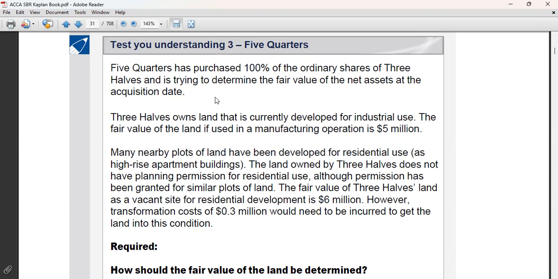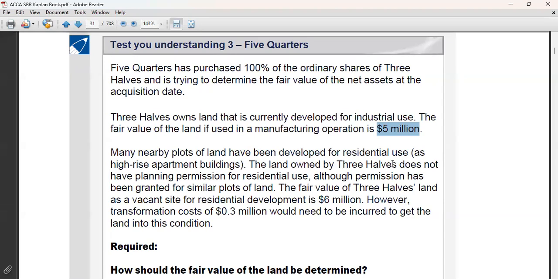Now, it says that 3 halves owns land that is currently developed for industrial use. The fair value of the land, if used for a manufacturing operation, is 5 million. Then it says that many nearby plots of land have been developed for residential use as high-rise apartment buildings.